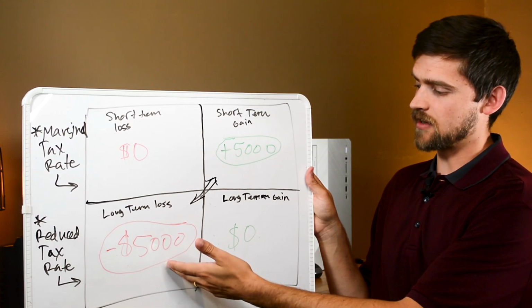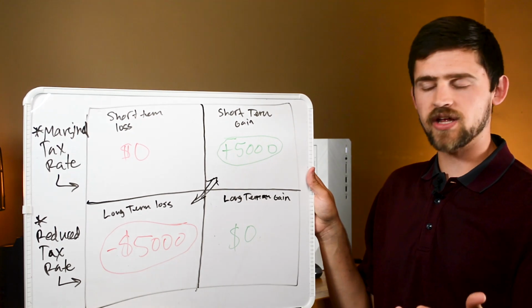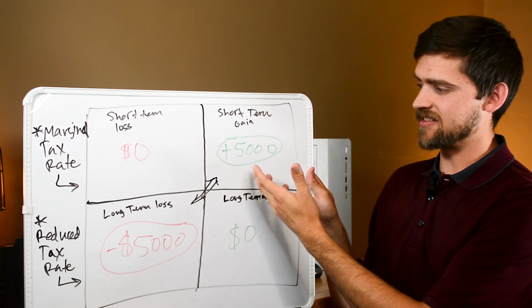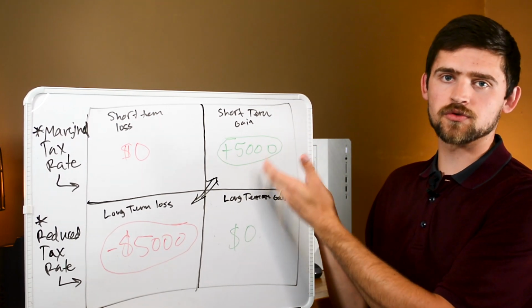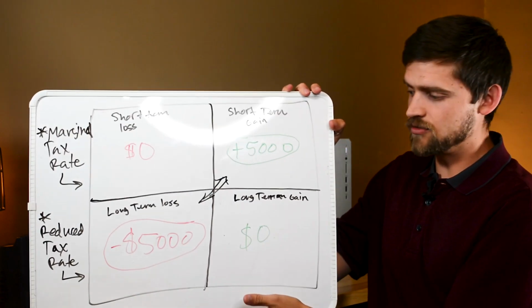But by realizing this negative 5,000, we can offset the positive 5,000 short-term gain we have, resulting in a tax savings of what we would have paid on this short-term gain. So that is a way that you can use this to your advantage.